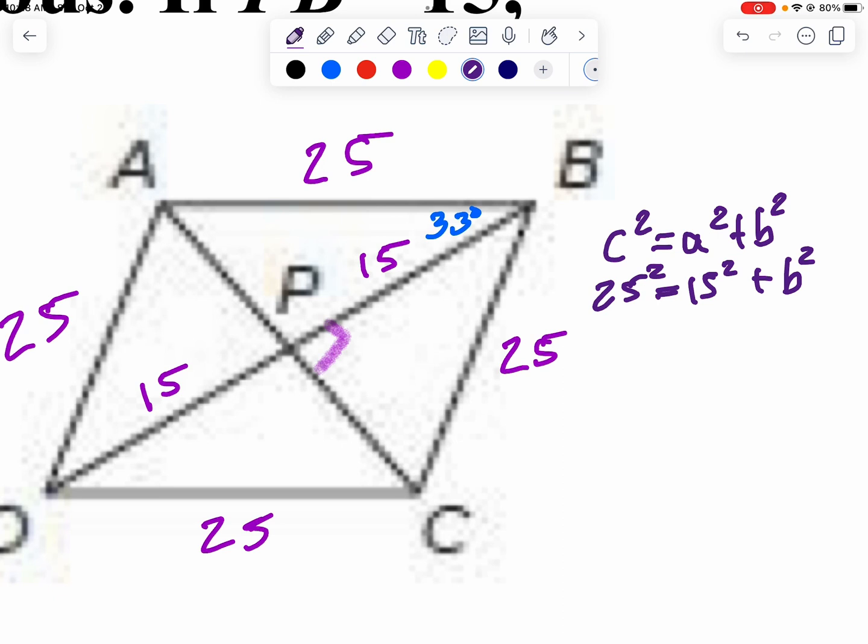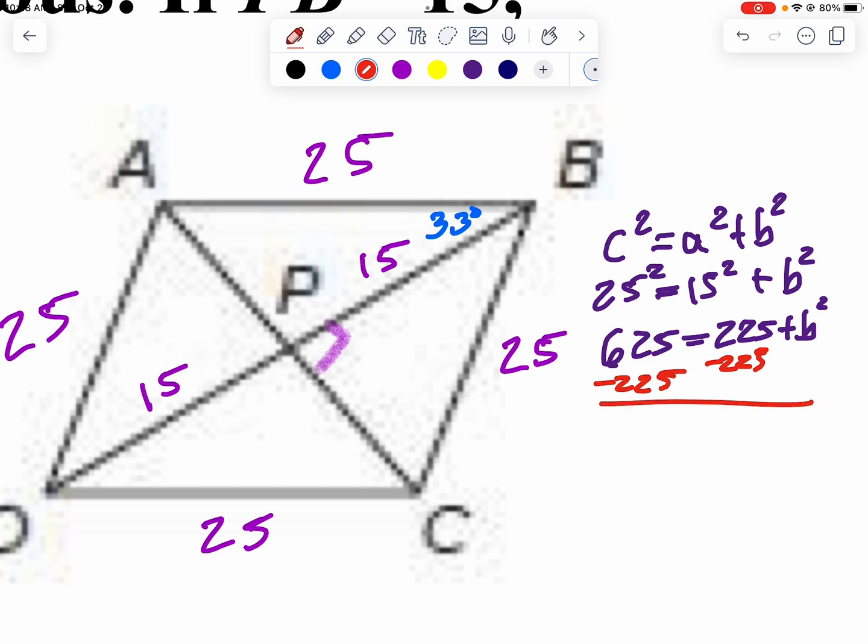Well, 25 squared is 625. 15 squared is 225. Well, then, let's subtract 225 from both sides. So then we'll get 400 equals B squared. So B is 20.